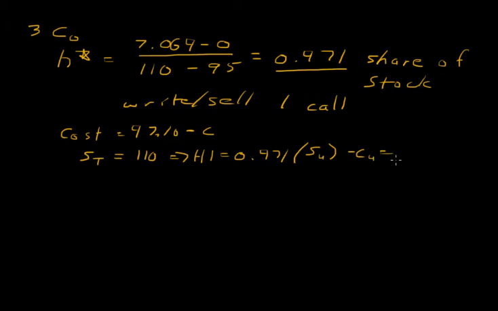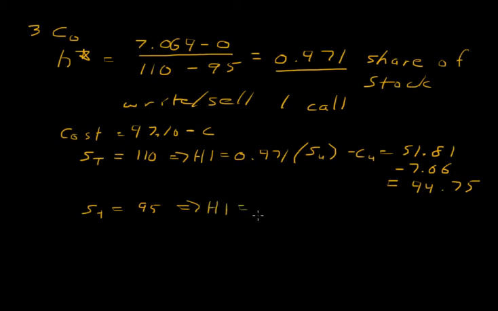That would be 51.81 less the 7.06 that we calculated. So this position will be worth 44.75. And as you can probably guess, if the stock price actually goes down, our perfect hedge ratio is going to maintain the same value.